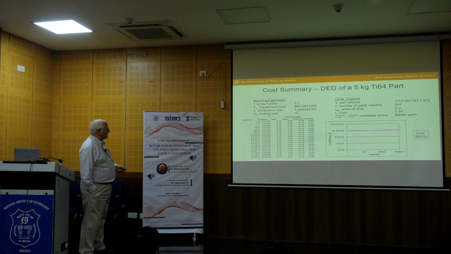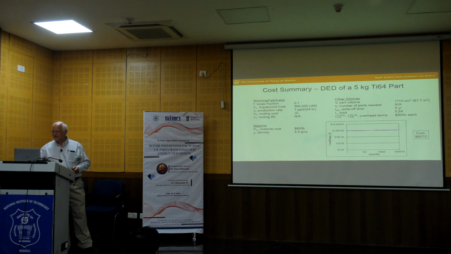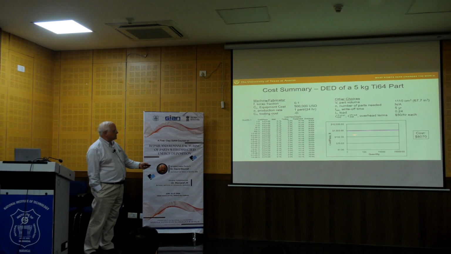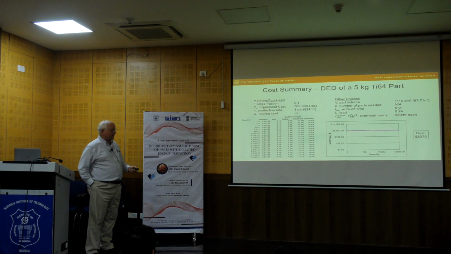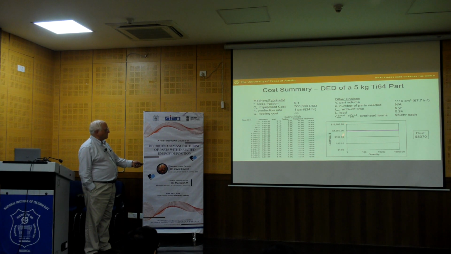This should be $10,000. Let me make sure I'm doing it right. I may have the wrong plot. Yeah, I'm off by an order of magnitude here. The part cost comes in at $8,000, not 800. So we have to multiply this number by 10.